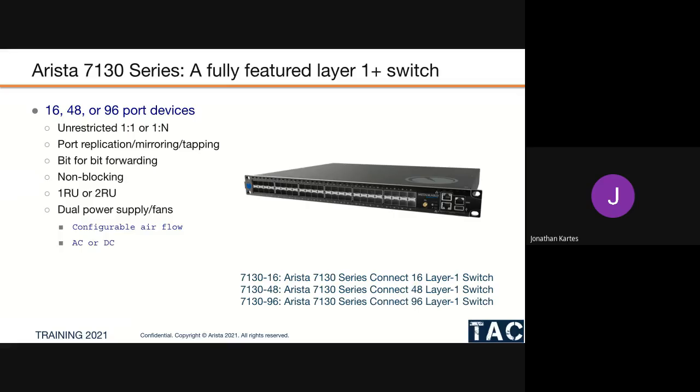Non-blocking. They do come with dual power supplies and fans. These have configurable airflow. We offer AC or DC. They're also 1+1 redundant. So if you lose a single power supply or a single fan, nothing bad happens. The device continues to function. Gives you time to get in there and replace it.